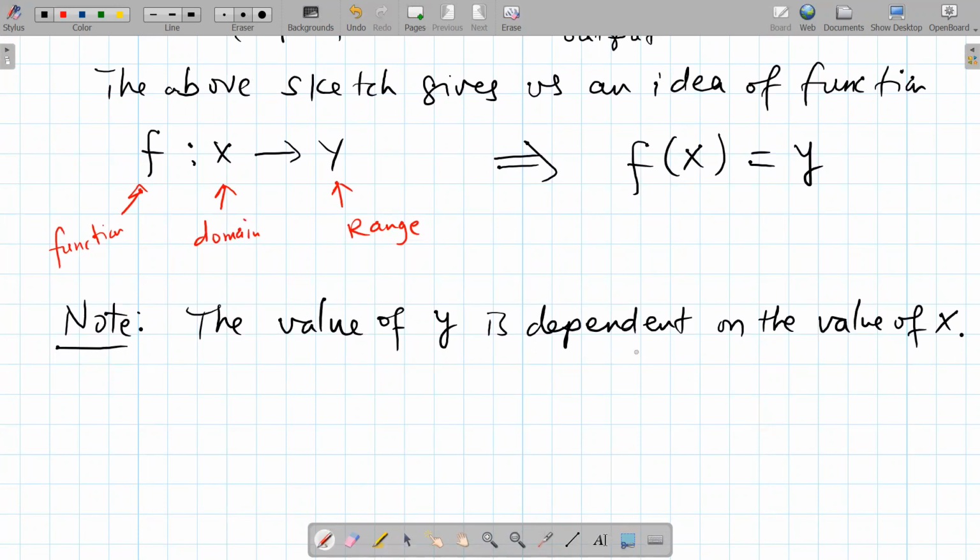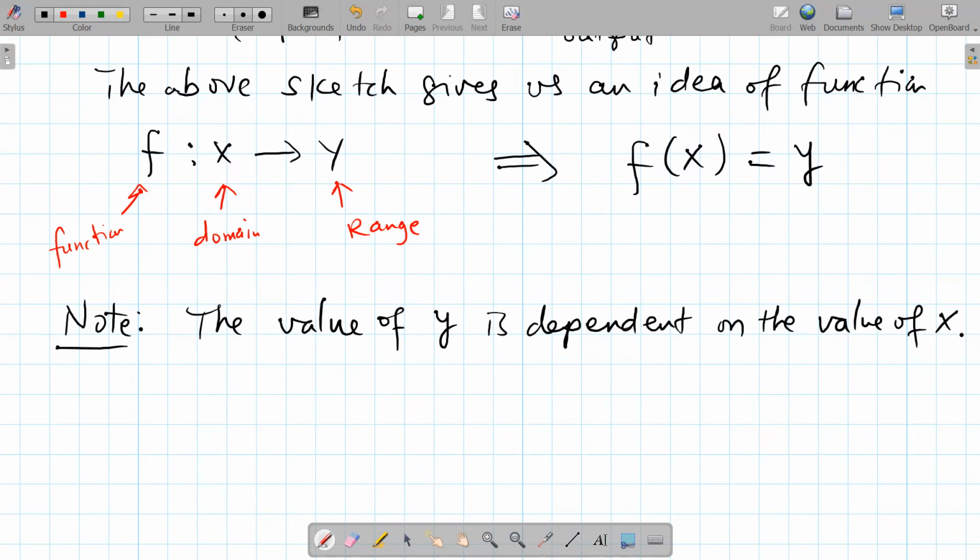And that is the main reason why in the beginning we said that the y is said to be the dependent variable, and the x is the independent variable.